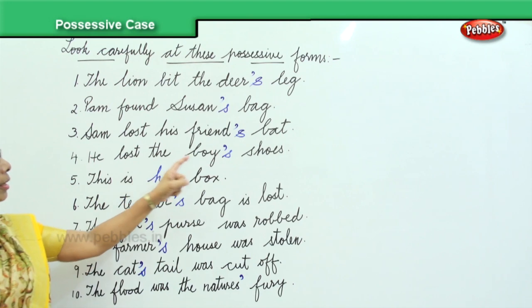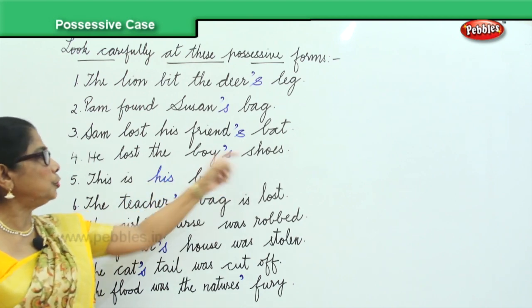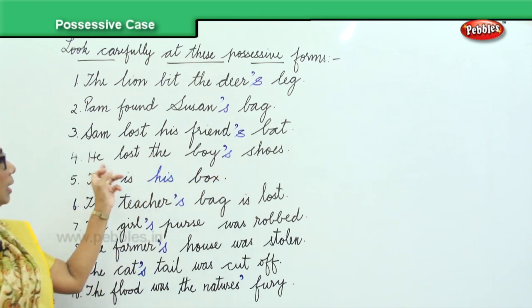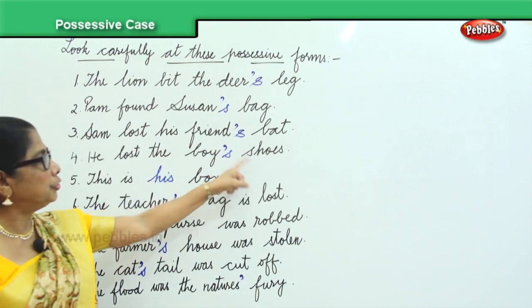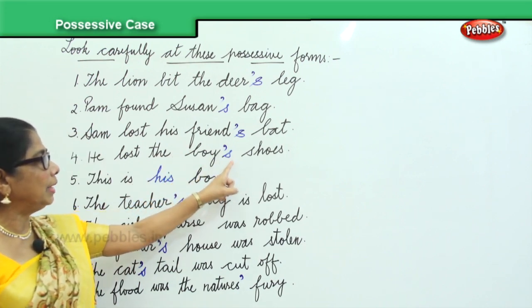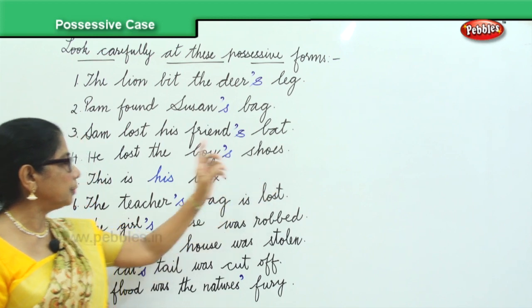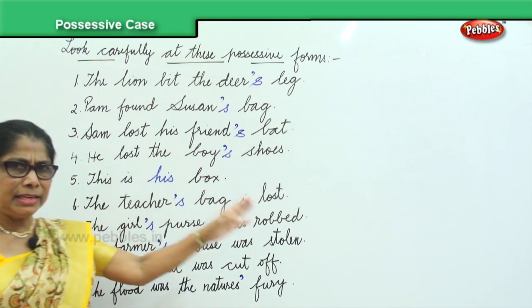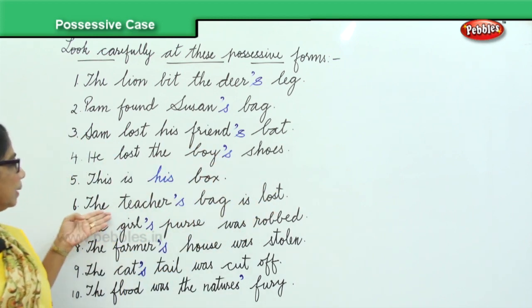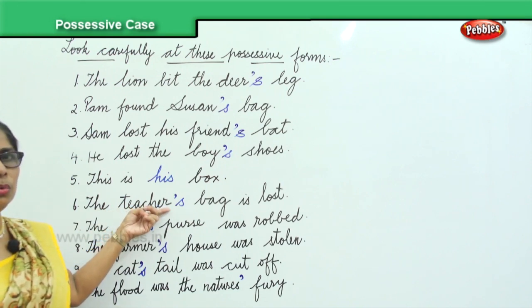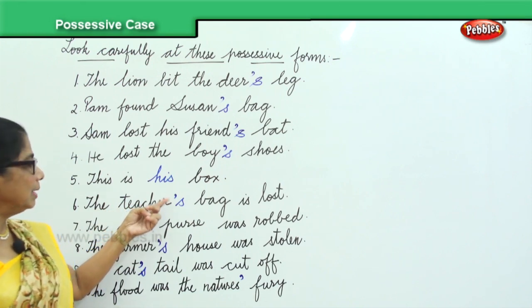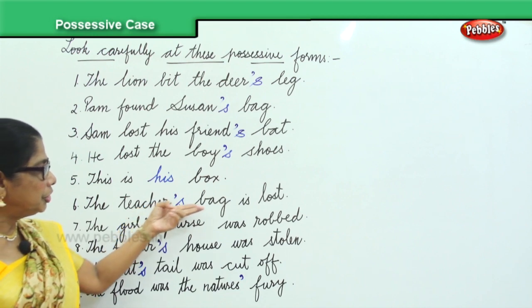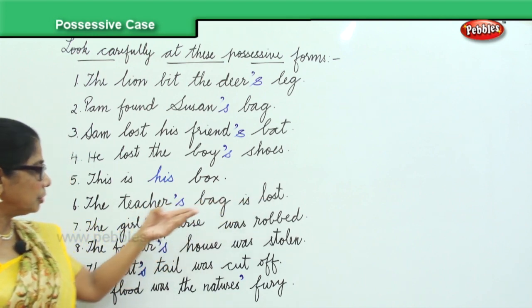He lost the boy's shoes. Whose shoes? The boy's. Who lost? He lost it. Boy's shoes, possession, apostrophe S, boy's shoes. Then this is his box. The teacher's bag. Whose bag is lost? The teacher's. Teacher, apostrophe S, teacher's bag is lost.